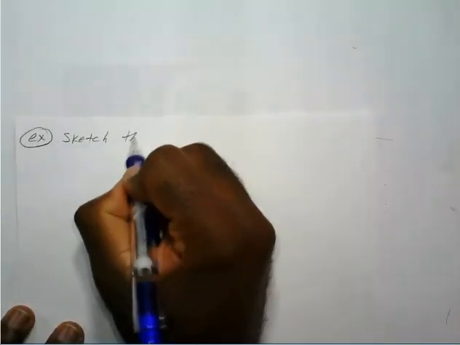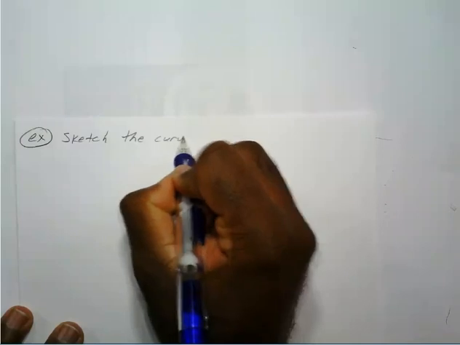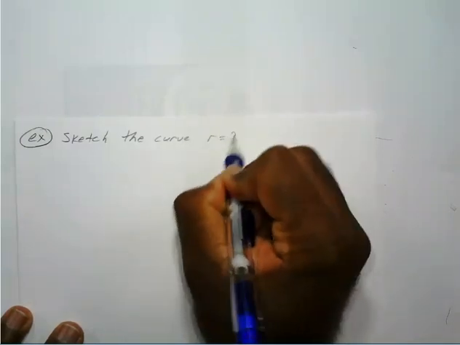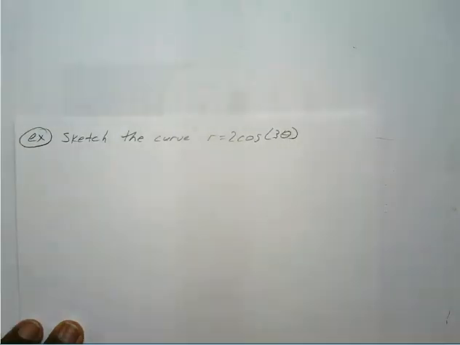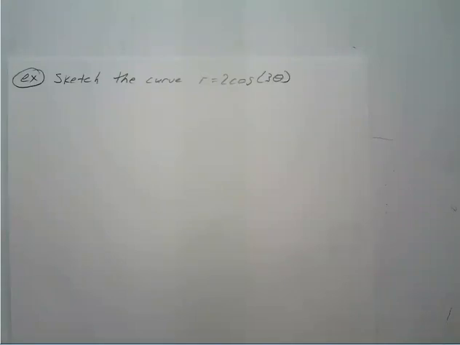So let's say, for example, you want to sketch the curve r equals 2 cosine of 3 theta. Okay, so this one's a little bit different. There's no little shortcut you can use for this one.